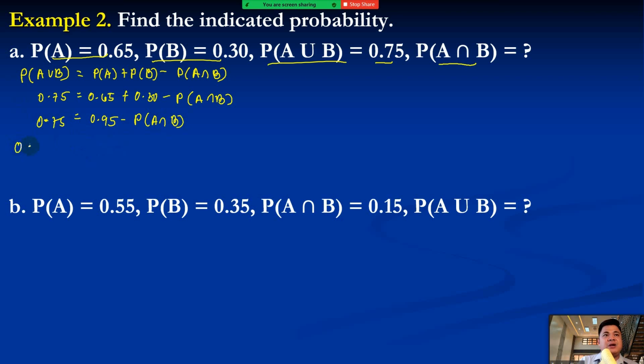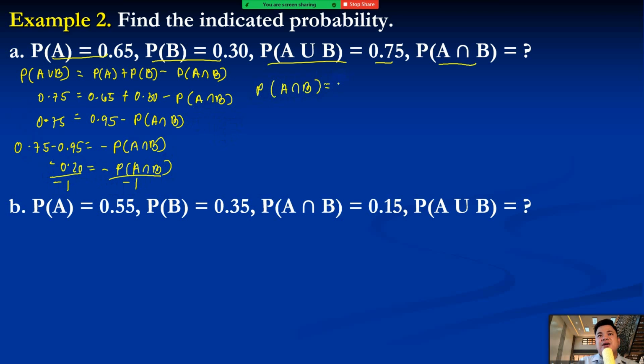So 0.75 minus 0.95 is negative 0.20, equals negative the probability of A intersection B. Since there is a negative here, we divide both sides by negative 1 to remove the negative, because we cannot have a negative answer here. So the probability of A intersection B will be 0.20. This is now our answer.